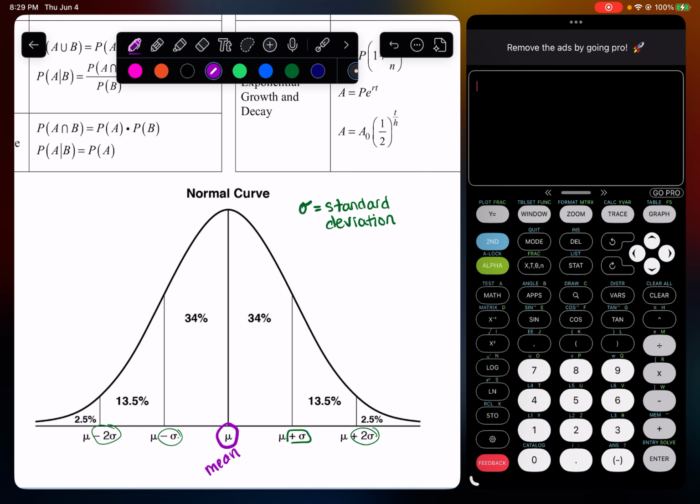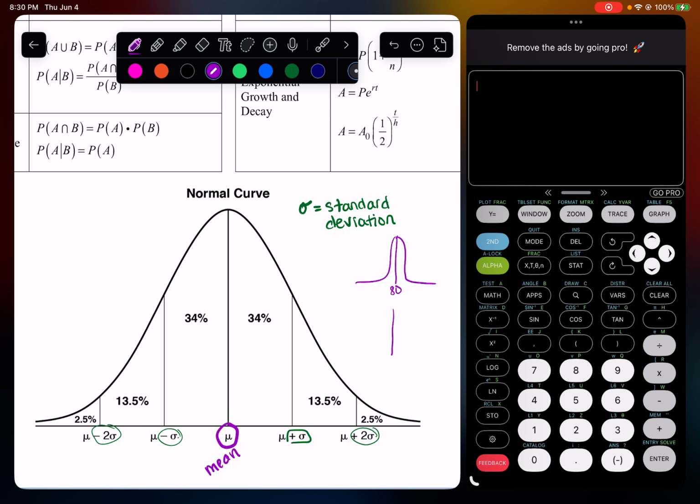Let's say there were two different tests given. Maybe in the Unit 1 test, the average was an 80, and almost everyone achieved an 80. So maybe the data would look like this. Everyone was very close to an 80, and very few people were above or below an 80.